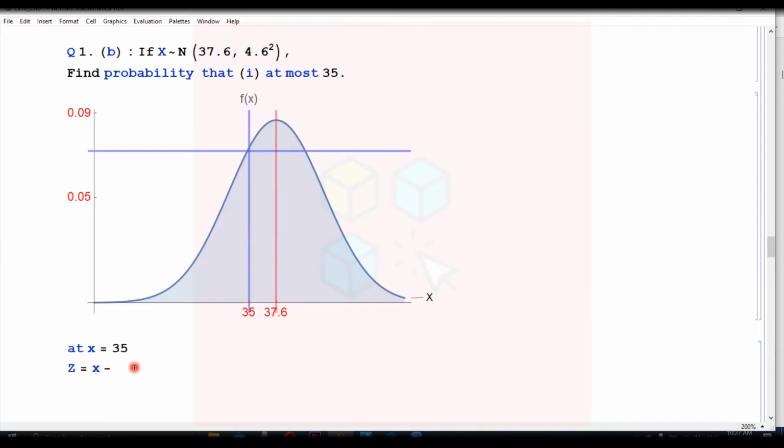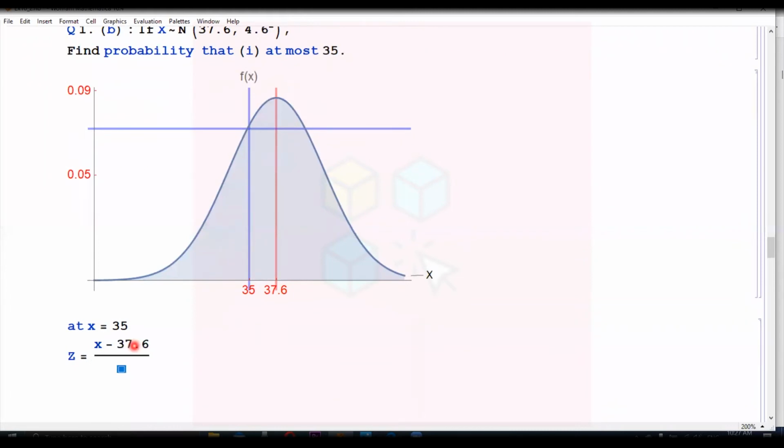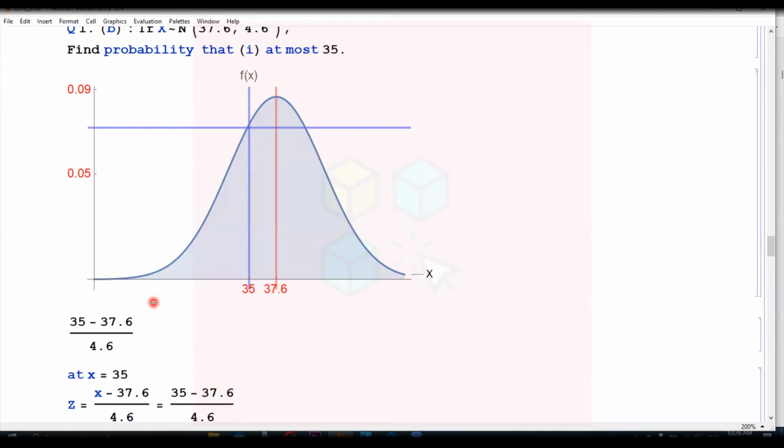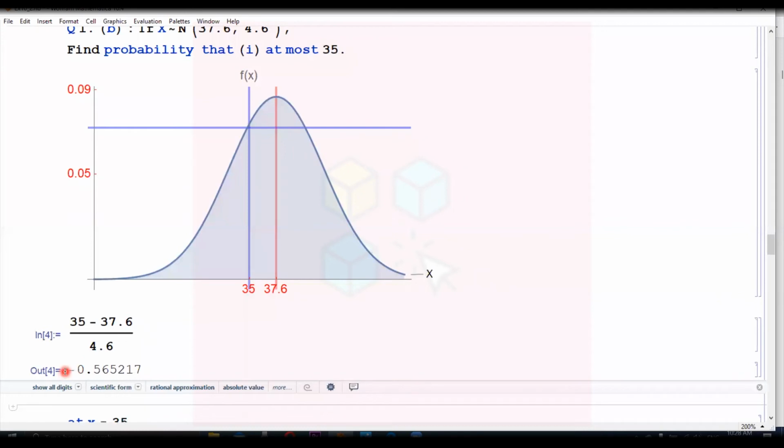So our mu is now 37.6, whole divided by sigma, and sigma is in our case 4.6. If we substitute our 35 in this formula, x is replaced by 35. We can solve this one, and its answer is minus 0.56.